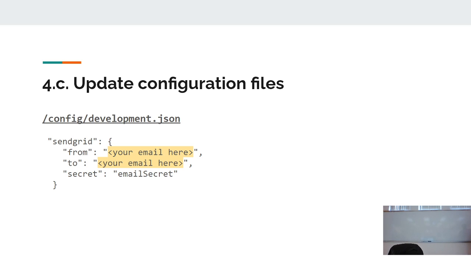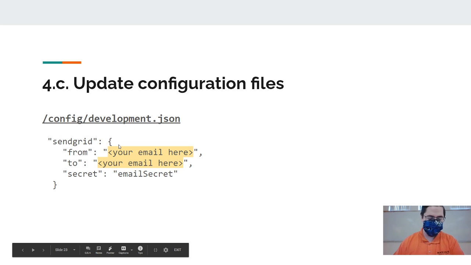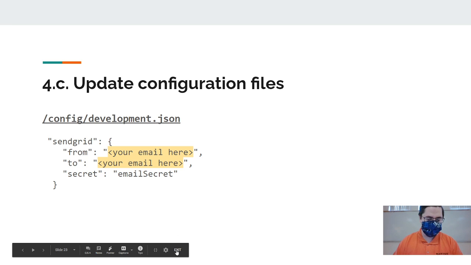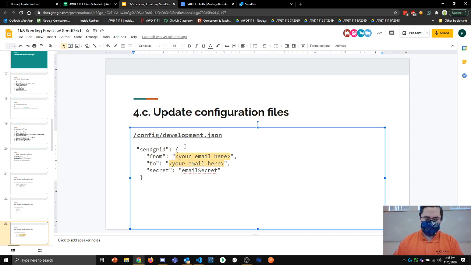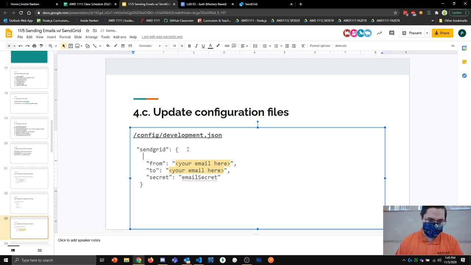I would also ask in here, I forgot to update the slides on this, that you put the API key that I asked you to create for me in this file as well. Let me call it API key. So I would also like to see API key in here.